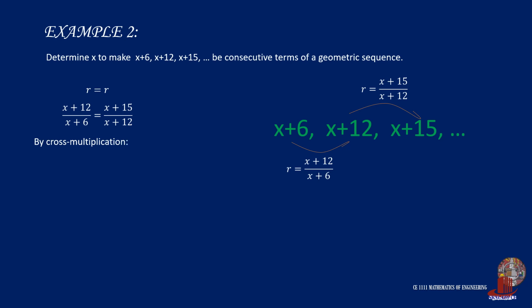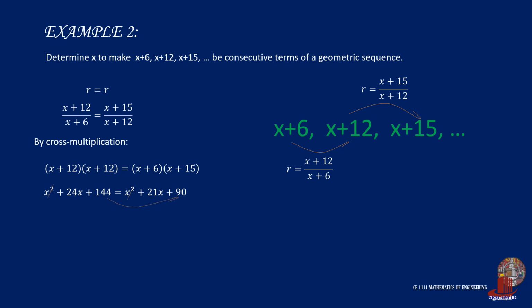By cross-multiplying the terms, we have the quantity of x plus 12 with the quantity of x plus 12, and this is equated to the quantity of x plus 6 times x plus 15. Multiply quantities to get x squared plus 24x plus 144 is equal to x squared plus 21x plus 90.